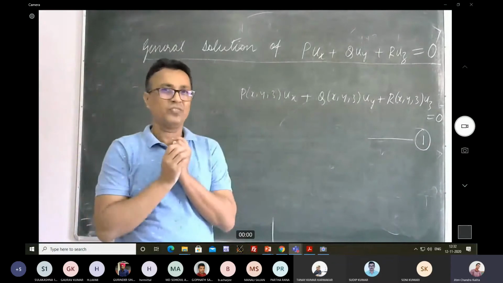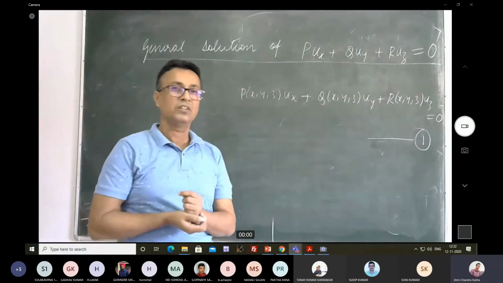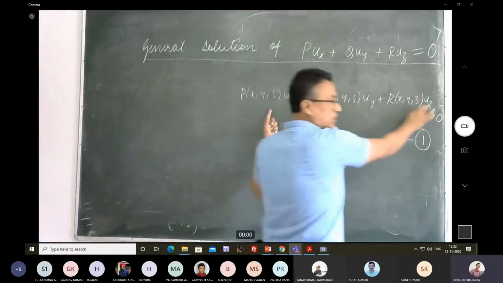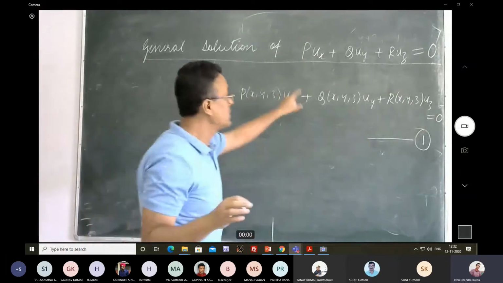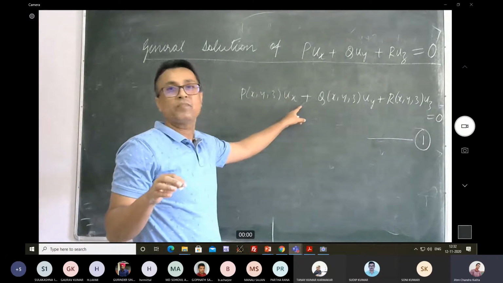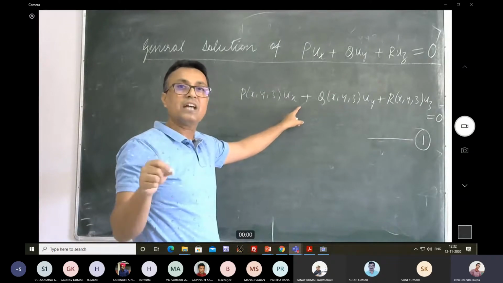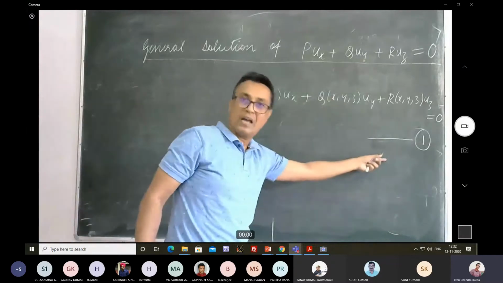So now, whatever discussion I had in today's class, suppose you are able to solve this equation. That means we are solving this equation for u, right? We are trying to find a function u of 3 variables x, y, z in such a way that this function satisfies this given differential equation 1.